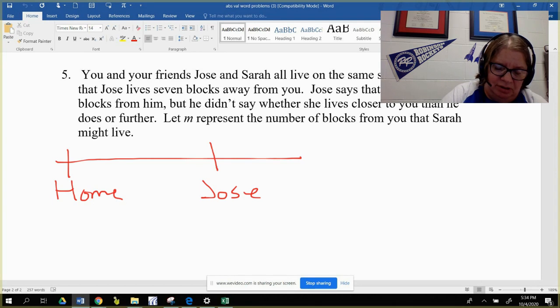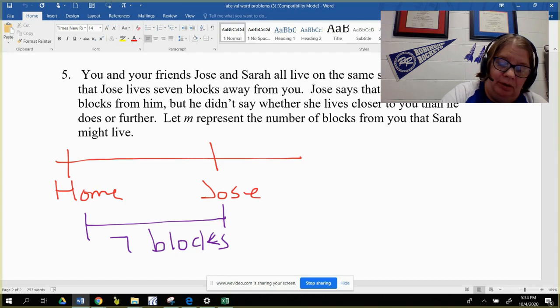And we know that this distance from home to Jose is 7 blocks. Now, we don't know where Sarah is for sure. We know that Sarah lives 5 blocks from Jose. So either here, and that would be 5, or here, and that would be 5. Okay, it's one or the other.